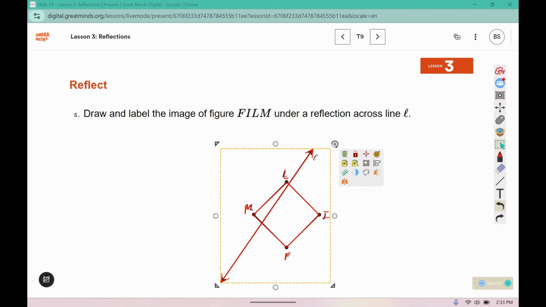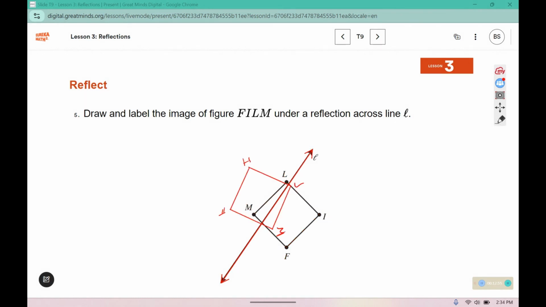Then with that tracing paper, flip it over the line. And now we're going to draw in its new location. And label it with primes. This is M prime, L prime, I prime, and F prime. This one overlaps a little bit because they had sections on both sides of the line.